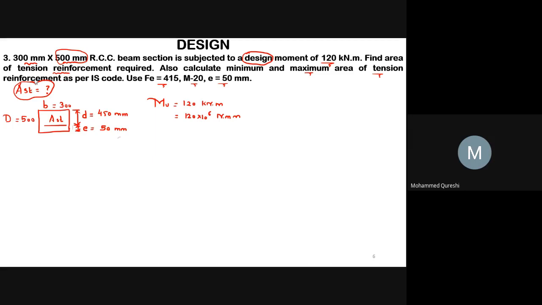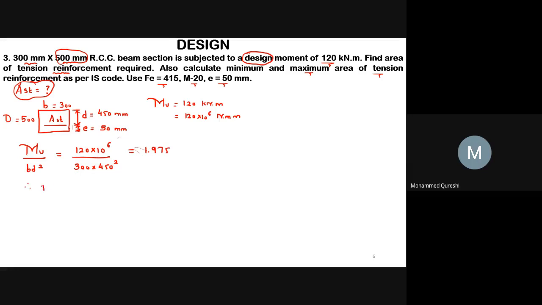So first of all, we will go for the equation Mu by BD square. So value of Mu is given as 120 into 10 raised to 6 upon value of B is 300 and value of small d is 450 square. So we will get Mu by bd square equals to 1.975.